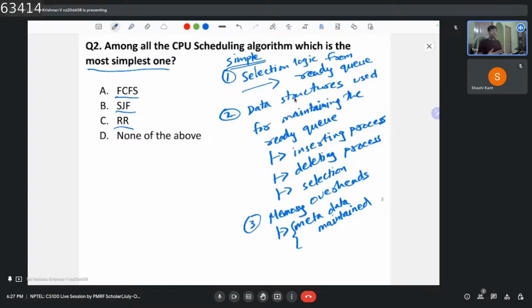In a priority scheduling algorithm, you will select the process which has the highest priority among all the processes in the ready queue. For the data structures used for maintenance, you can use any data structure. And the final thing is whether it's a preemptive one or a non-preemptive one.